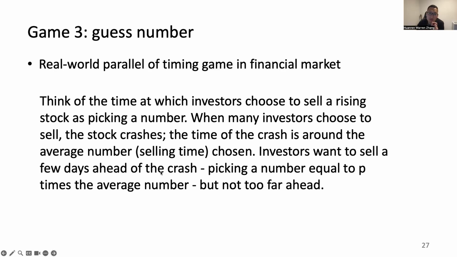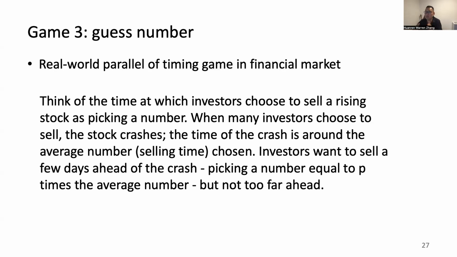This time, a few days ahead of the crash, can be considered as picking a number equal to P times the average number, right? But you don't want to be too far ahead of the crash time, because before the crash, the stock still rises in price, and you want to sell as close to the crash time as possible, but not too close.